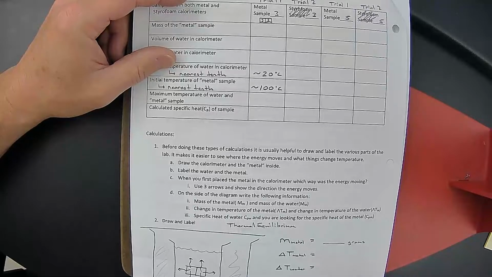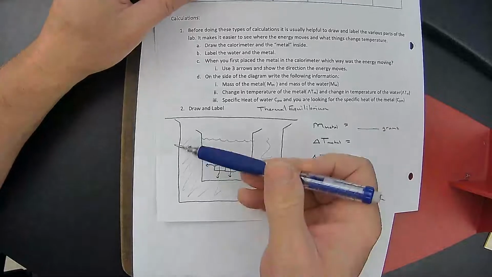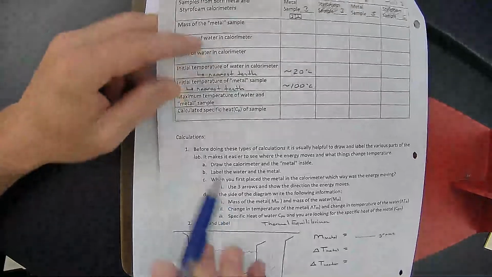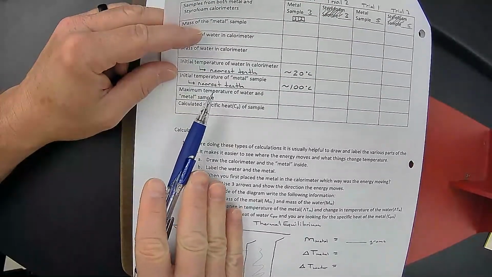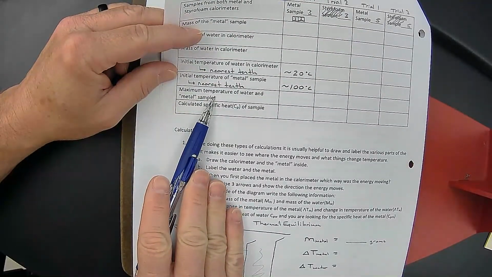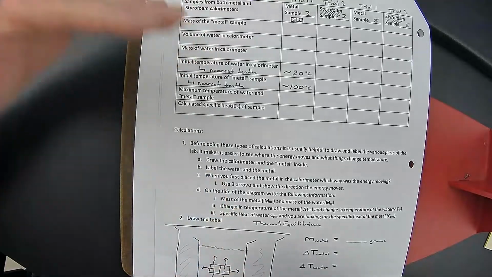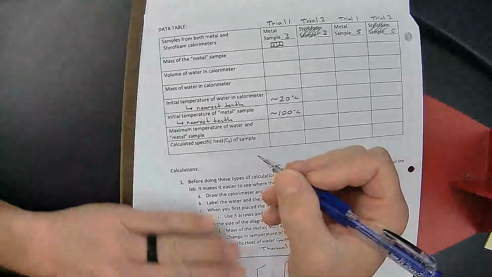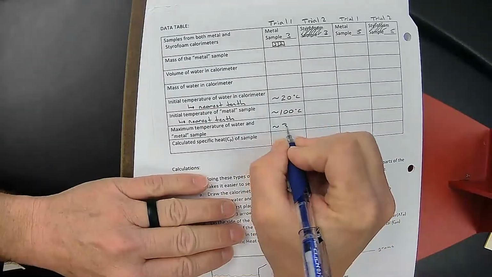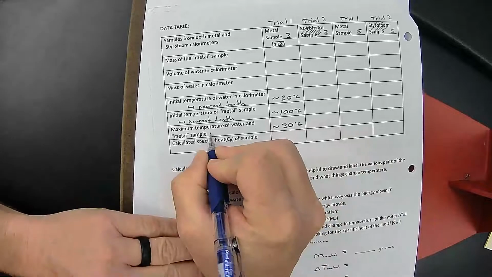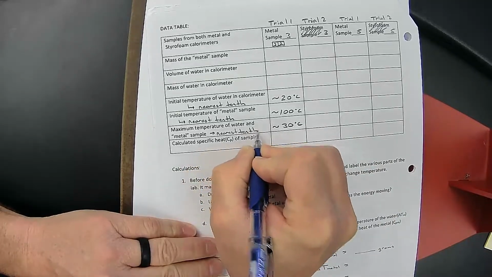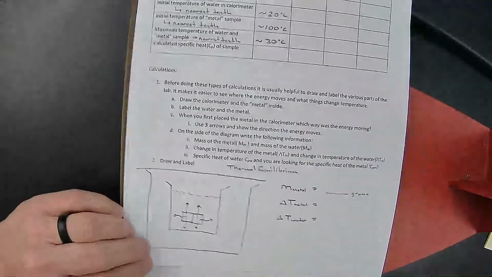Notice the metal's temperature reduces, the water's temperature increases until they finally reach the same temperature. One keeps going down, one keeps going up until they finally reach the same temperature. It was probably approximately 30 degrees, but once again, make sure that you measure to the nearest tenth. Our thermometers are calibrated to the nearest tenth.